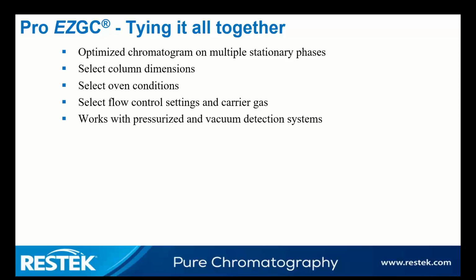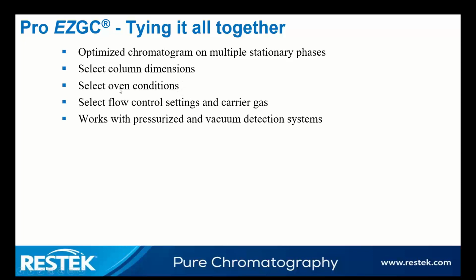They ended up buying two 60 meter 2.5 columns and then connecting them together to get what they were looking for doing their Freon research. So it's kind of interesting. So there are those occasions where you might want to come up with something. But generally for the volatile work and for what we have, you'll be able to just pick one of the existing column dimensions and use that.